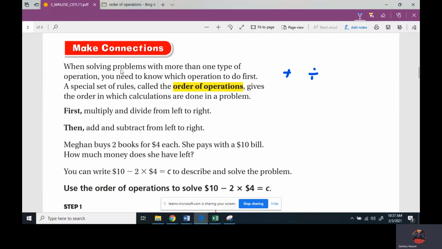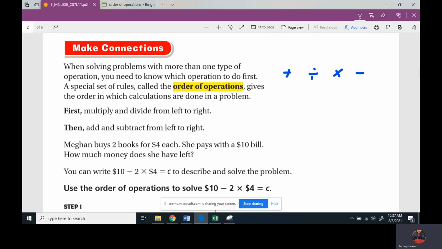When solving problems with more than one type of operation, what operations we know are plus, divide, times, and minus. You need to know which order to do first. There's a special set of rules called the order of operations, which gives the order in which the calculations are done in a problem.